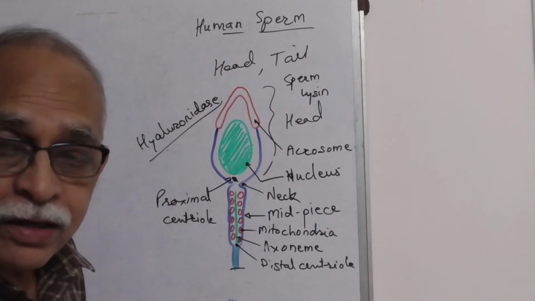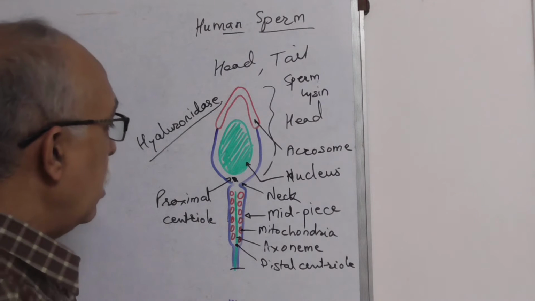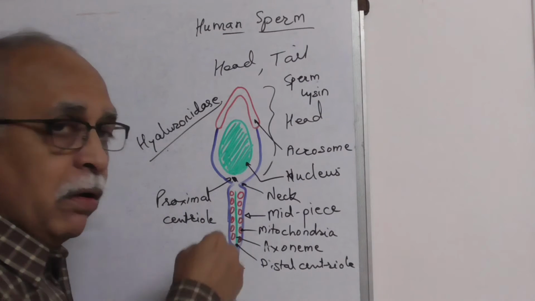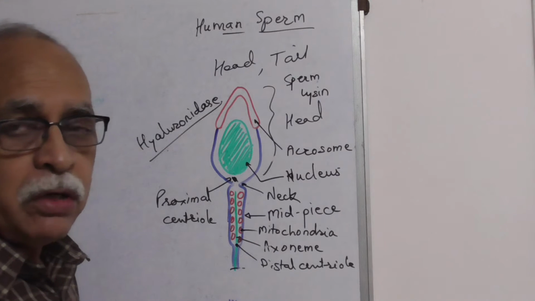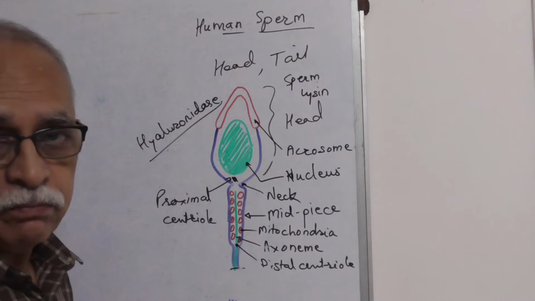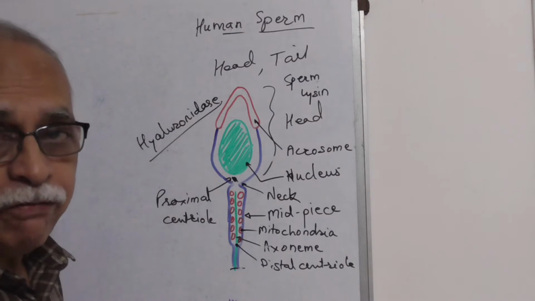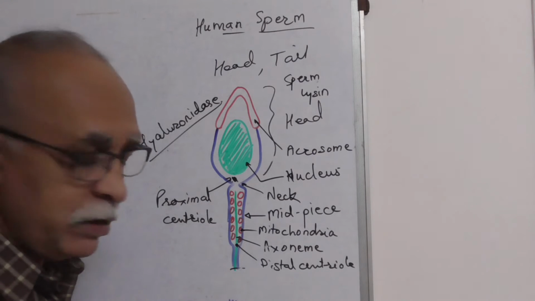I am not going to the details of the division because you must have learned it elsewhere. Axoneme or axial filament is nothing but structurally similar to a typical cellular flagellum, the 9+2 kind of flagellum. That is the axoneme or the axial filament.